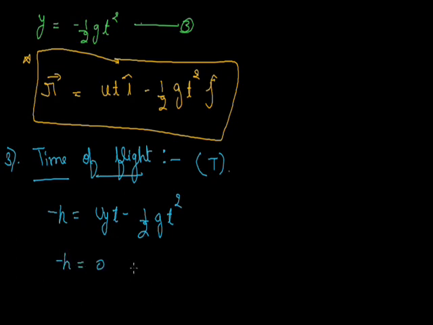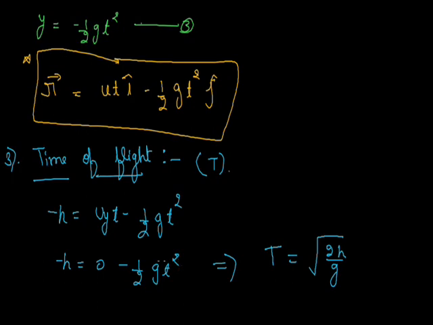So minus h is equal to minus half g t square, and this t is the time of flight. We can find t square is equal to 2h divided by g, because this negative sign cancels this negative sign, and 2 is multiplied with h and divided by g.